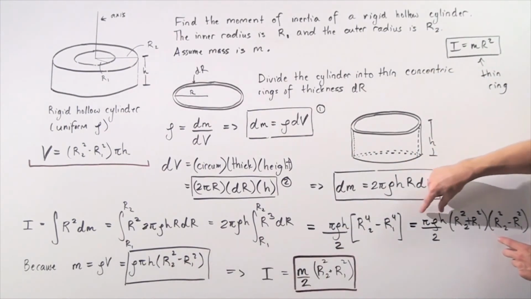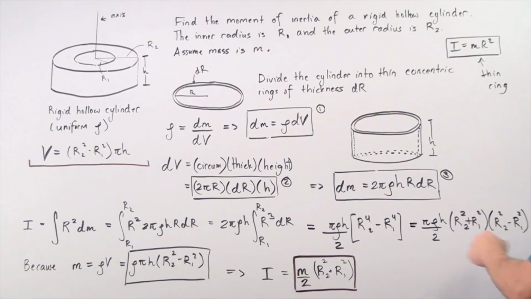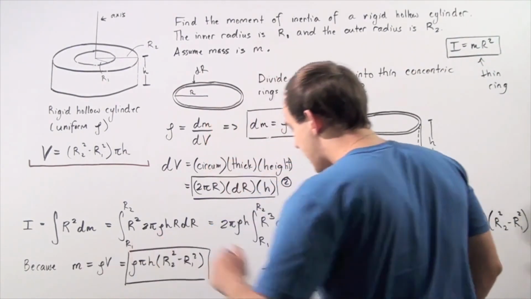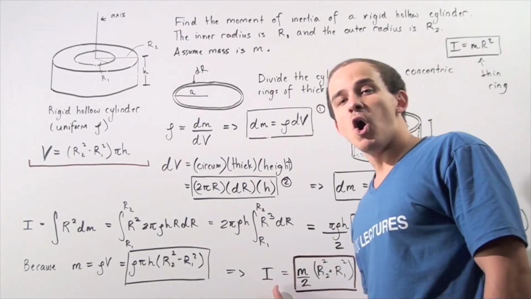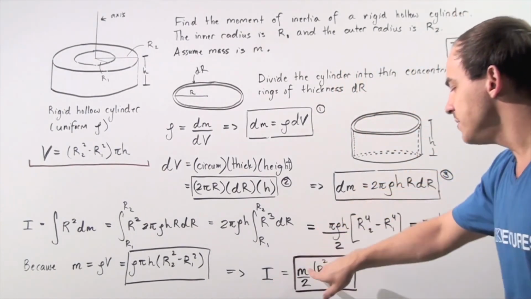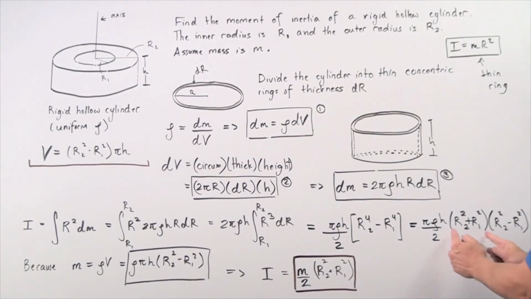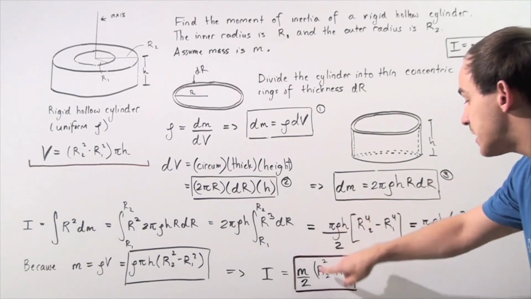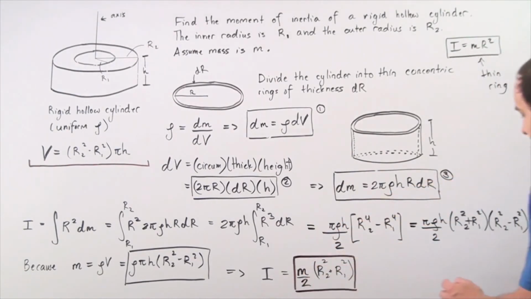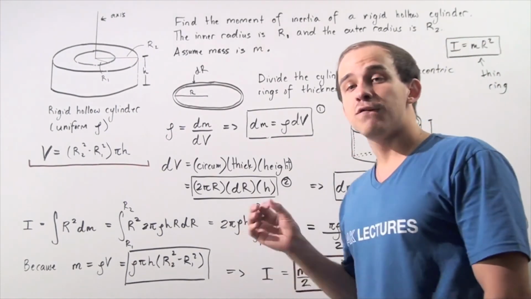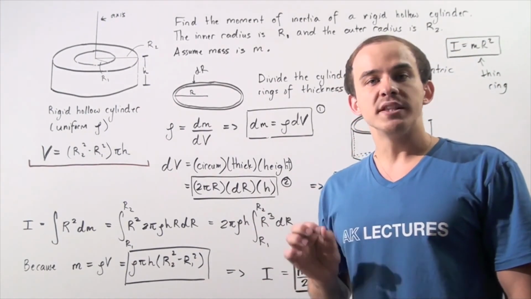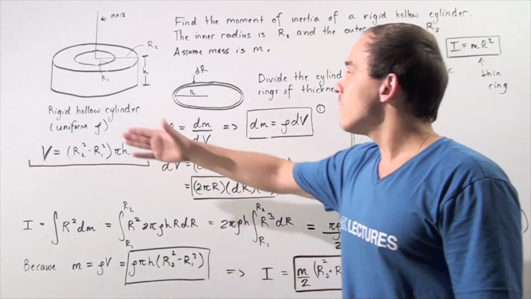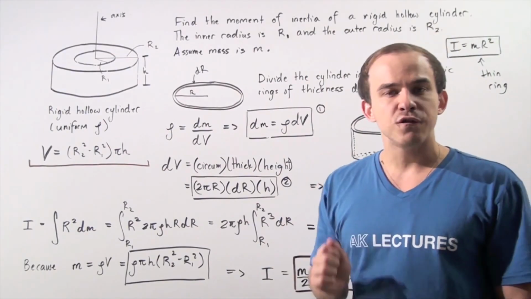So we can combine them and substitute for this entire term. We can replace it with m, and we get the following result: our moment of inertia is equal to m divided by 2 multiplied by r2 squared plus r1 squared, where m is this entire value which appears in this equation. So this and this are exactly the same. And this is our formula, our equation for the moment of inertia, or the rotational motion, of a rigid hollow cylinder with uniform density.